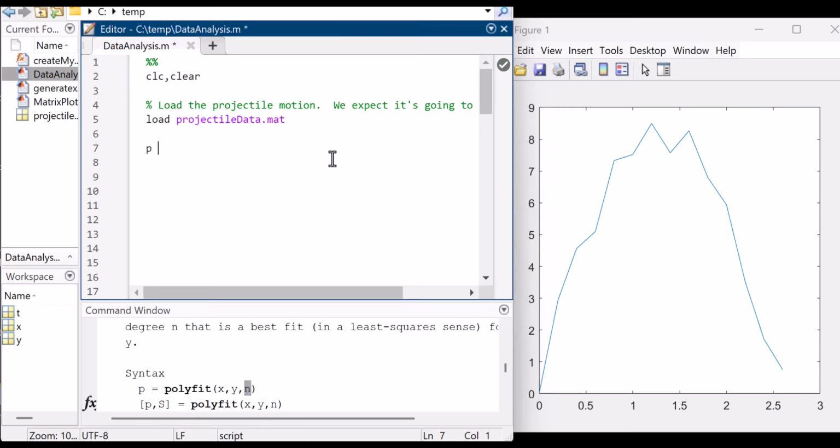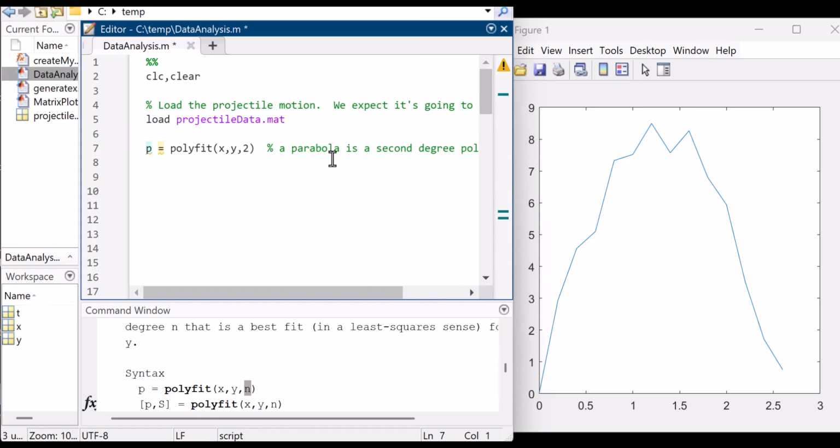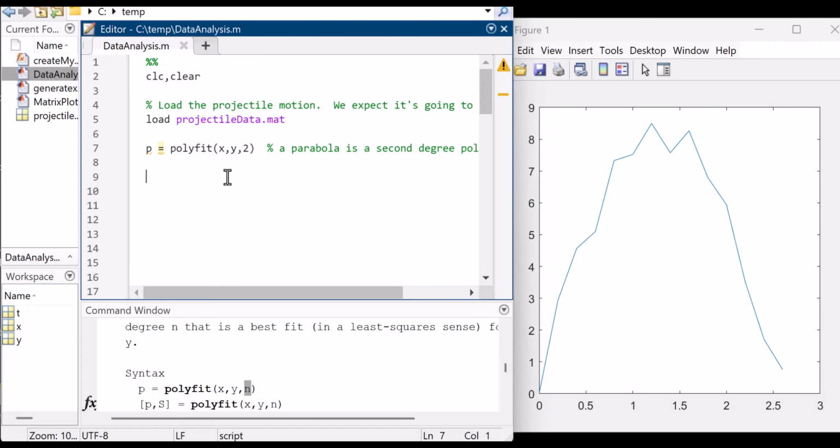So p equals polyfit x, y, and then for a parabola, that's a second degree polynomial, since it has a t squared in it. I'm not going to say t squared because that's not exactly what I'm doing. I'm not doing this with respect to t. I'm actually doing it with respect to x and y.